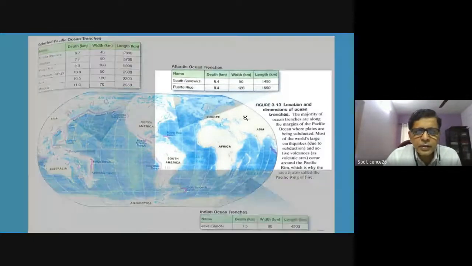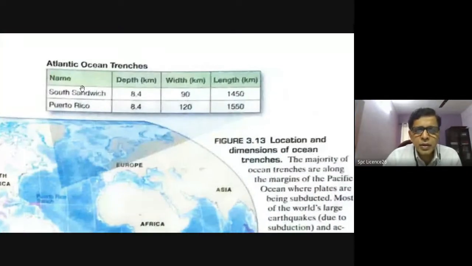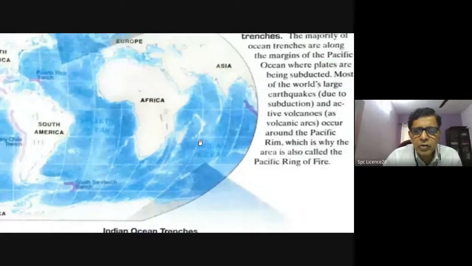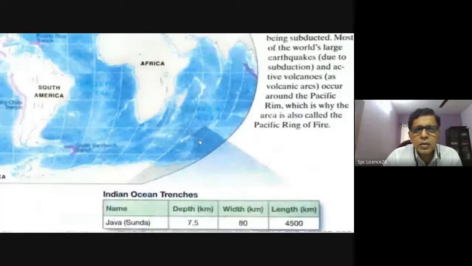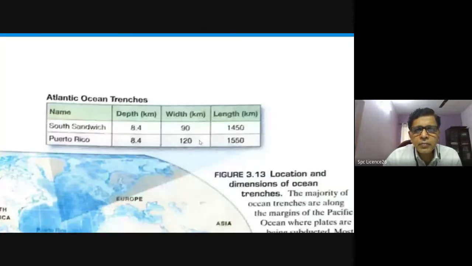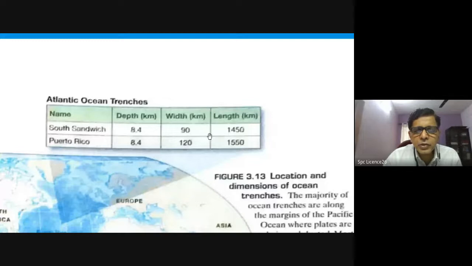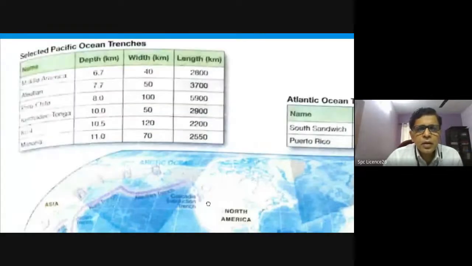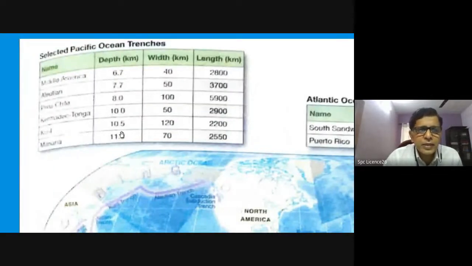As compared to that, the Atlantic Ocean trenches are not that deep, and lengthwise also, the width may be the same, but the Atlantic Ocean trenches are much shorter. One of the major groups is the Pacific Ocean trenches.